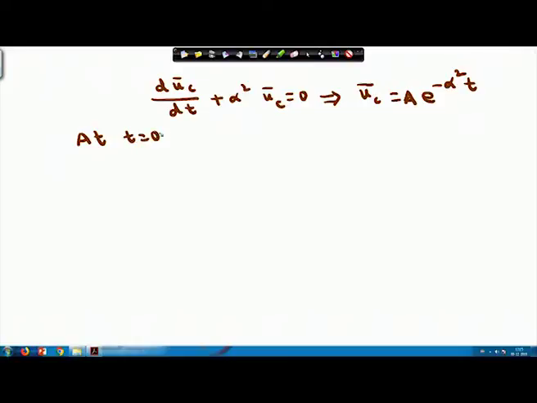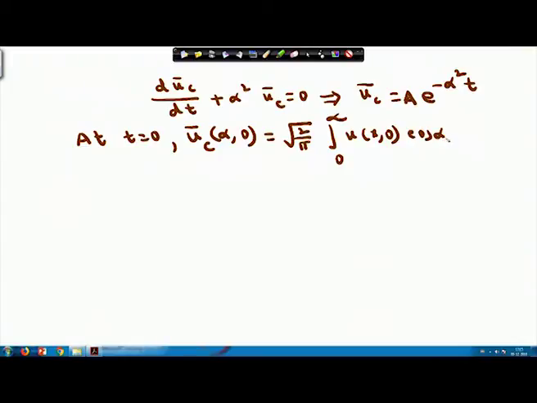What is the value of u bar c(alpha, 0)? From the definition, this equals root over 2 by pi integral 0 to infinity u(x, 0) into cos of alpha x dx, because u bar c is this. So, this equals root over 2 by pi. The function is defined from 0 to 1, it is x.